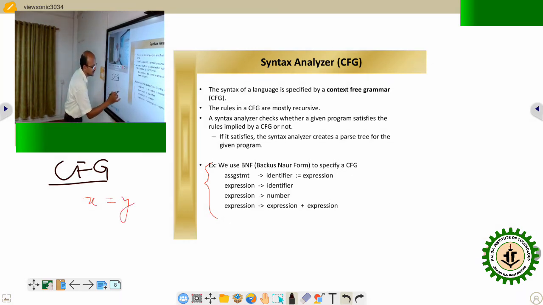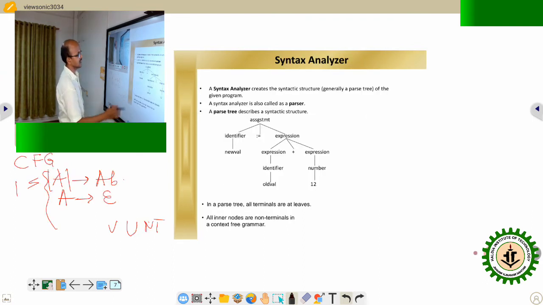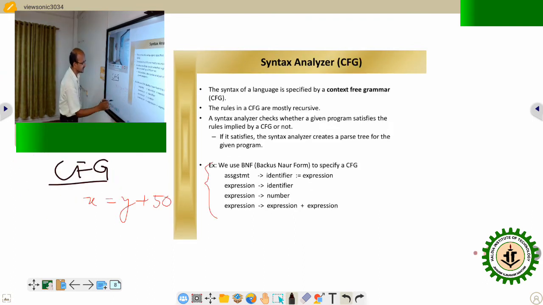Okay, so one tree will be generated like this. Just like the previous one, a tree will be generated: assignment, then left hand side, right hand side. This will be the left hand side, this is one expression, and this is another expression.